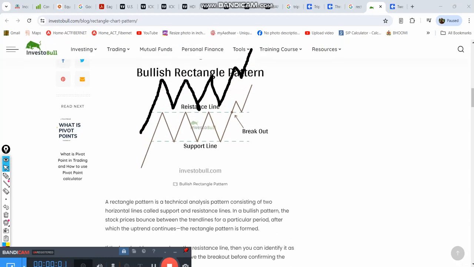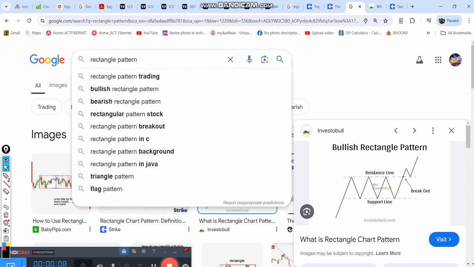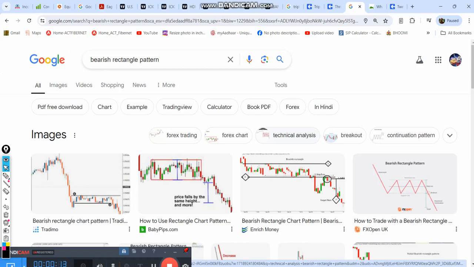It can also be bearish. Rectangle pattern can also be bearish. Bearish rectangle pattern can also appear.